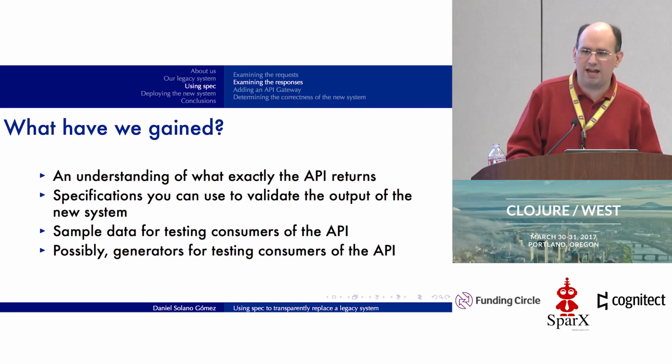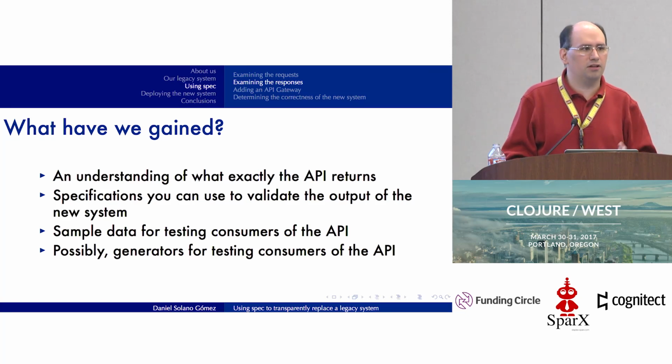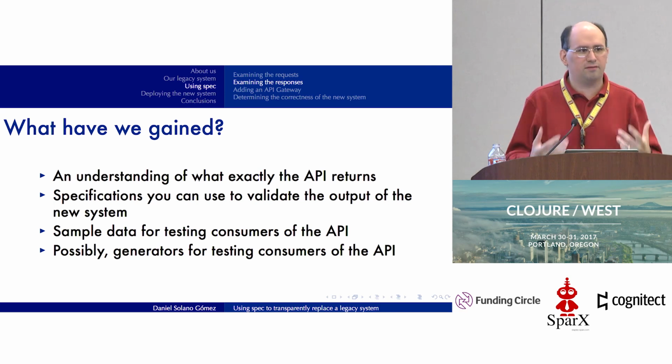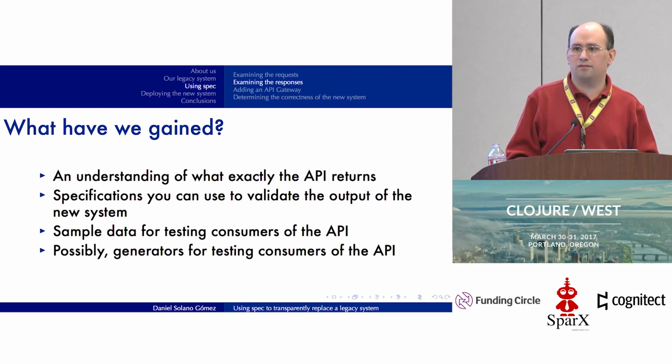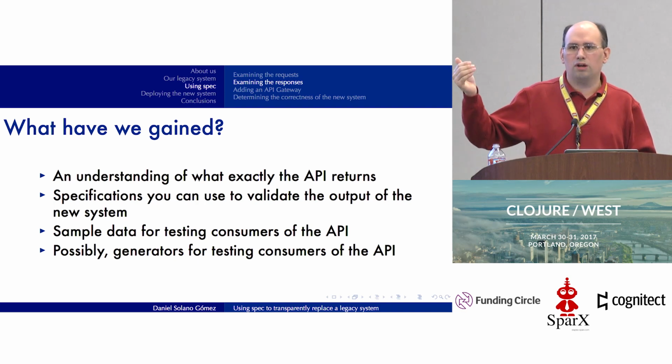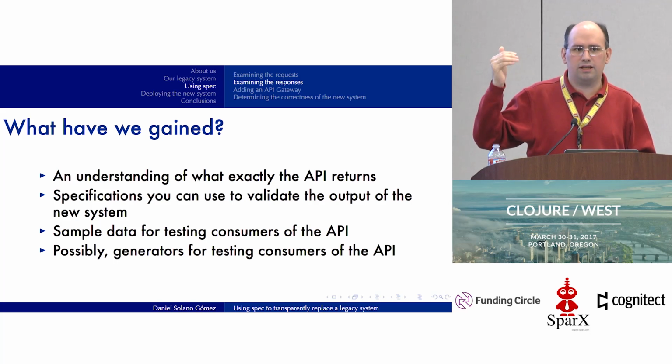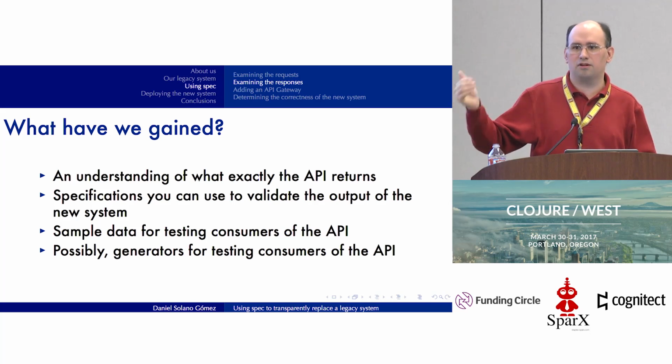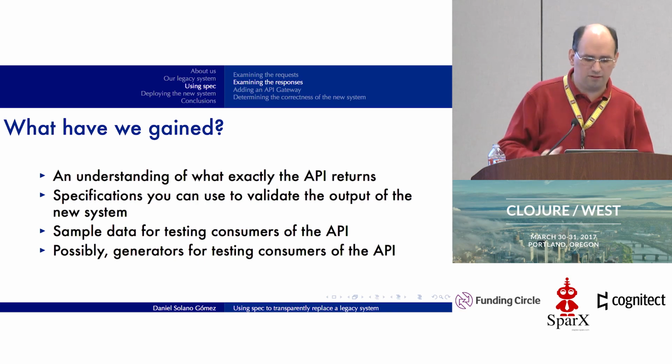So at this point, we have an idea of not only the inputs to the legacy system, but also the shape of the data that comes back out of it. Because we've created these specs, now we have specifications that we can use. For example, we will definitely use them when we test that our new system conforms to the way the old system works.